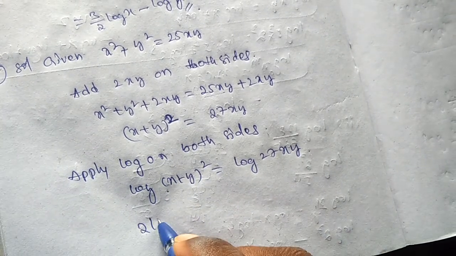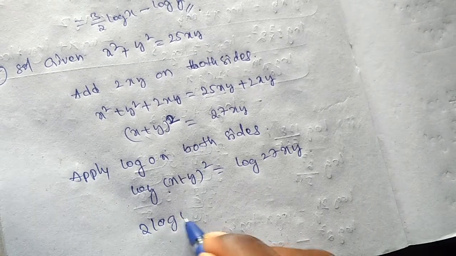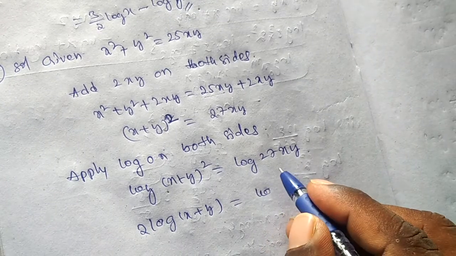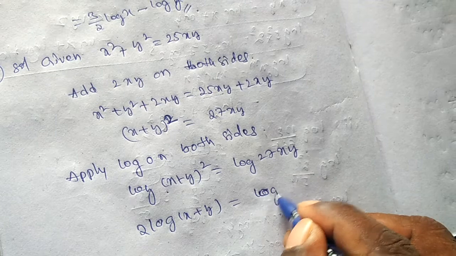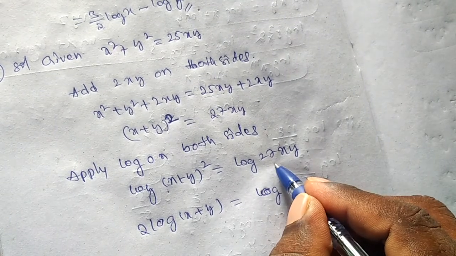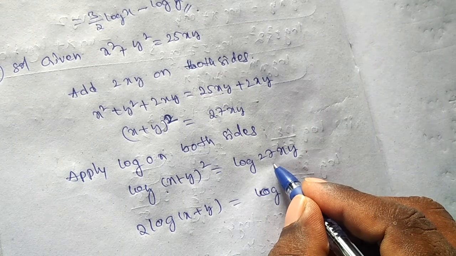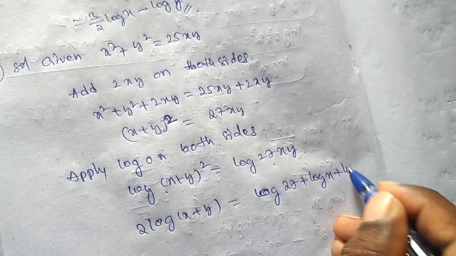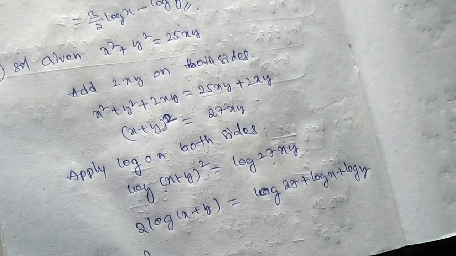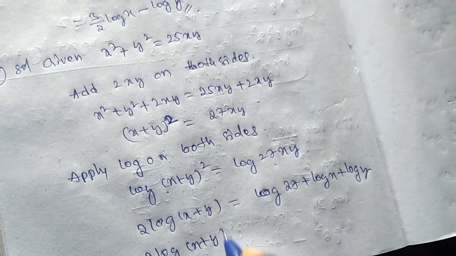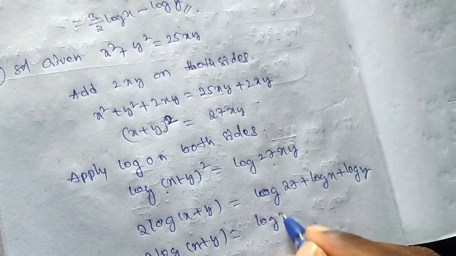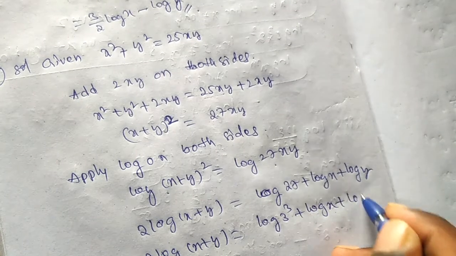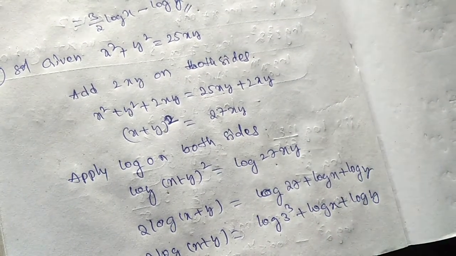So that's why 2 log of x plus y is equal to log 27xy. I applied the log xy formula here: log xy is equal to log x plus log y. So 2 log of x plus y is equal to log 27, I can write 3 cube, plus log x plus log y.